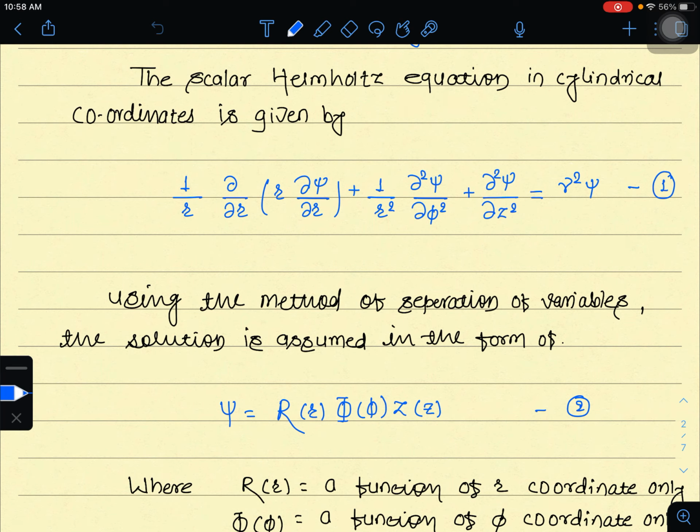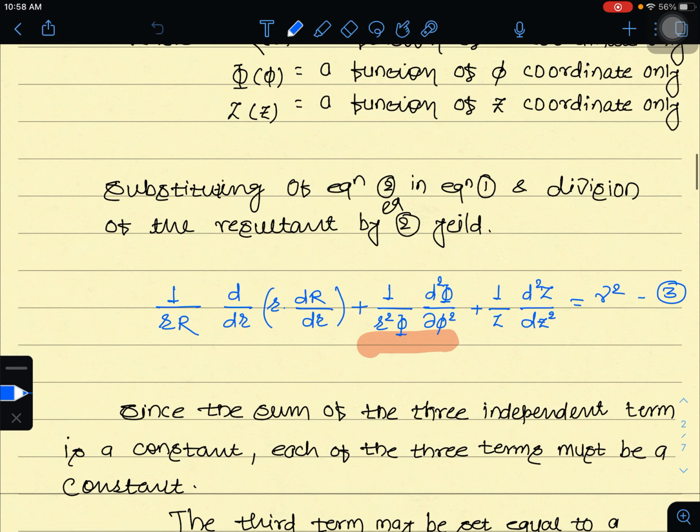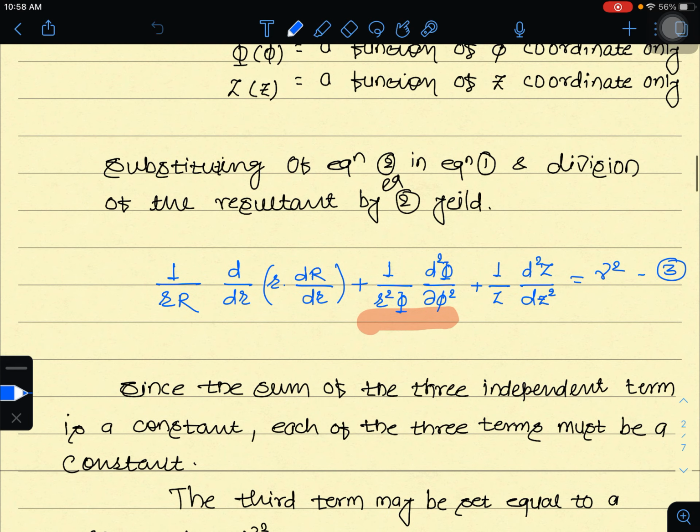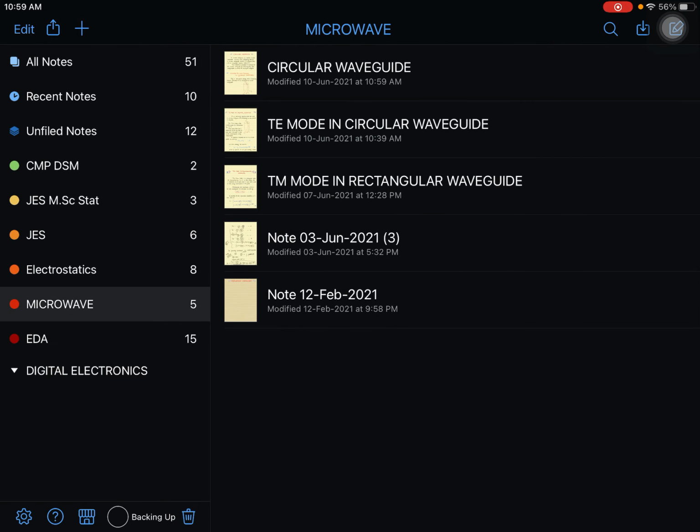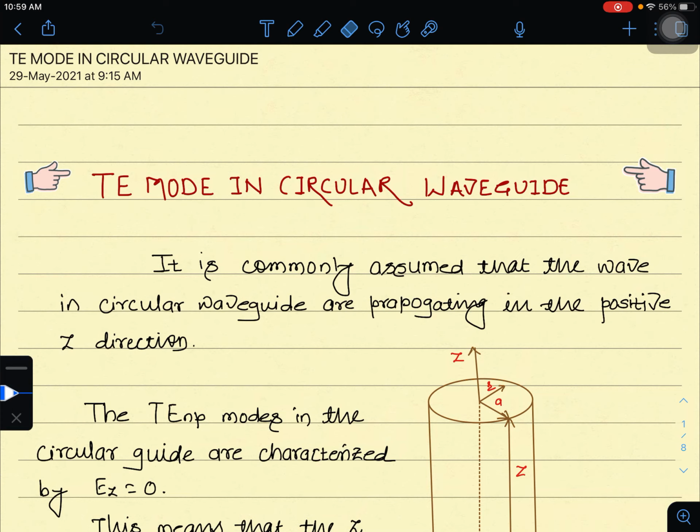With the help of the Helmholtz equation, we can find the equations related to the wave in a circular waveguide. Today's lecture is on the TE mode in a circular waveguide.